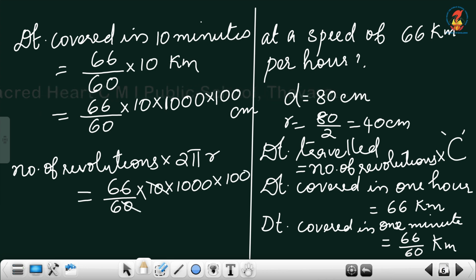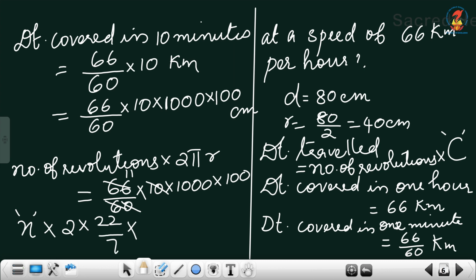We can cancel this 11. So, number of revolutions we have to find. What is the radius of the wheel? 40. So, we can take this as n. Let n be the number of revolutions. So, n into 2 into 22 by 7 into 40 is equal to 11 into 1000 into 100.